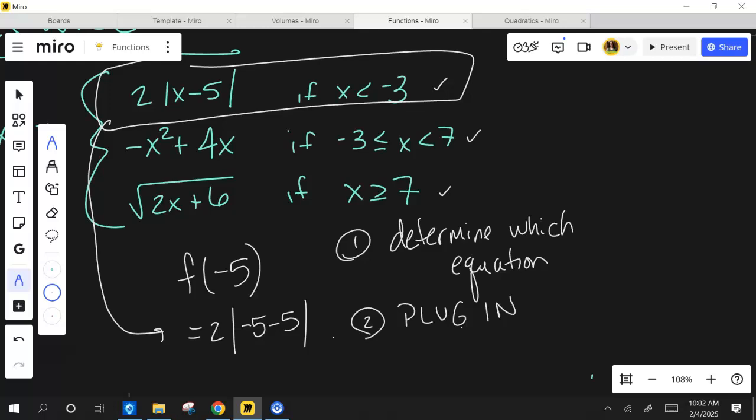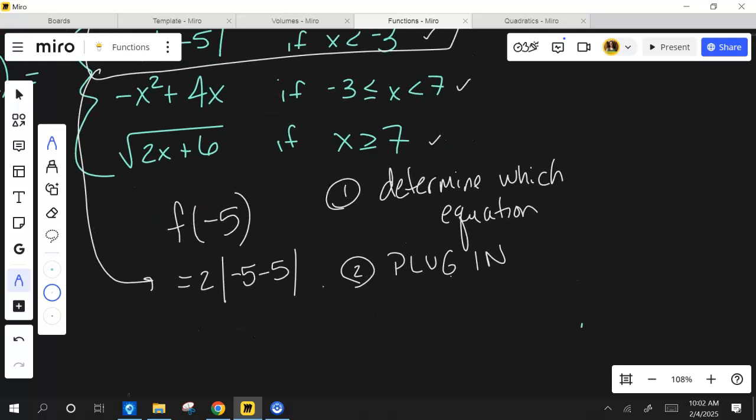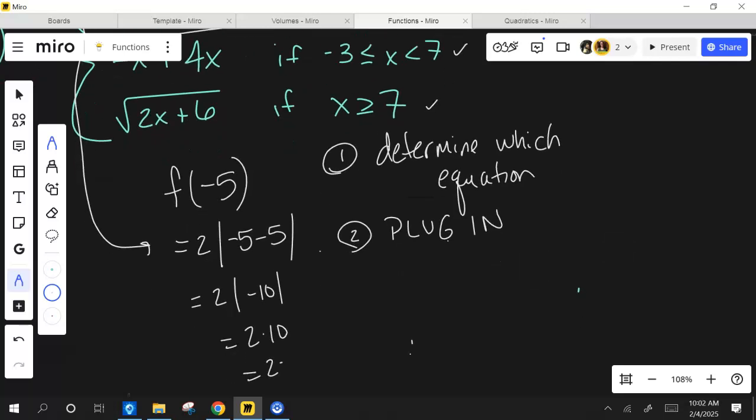All right, watch. So what is -5 minus 5? -10. Absolute values work like grouping symbols in that you do them first. What is the absolute value of -10? 10. What is 2 times 10? 20. What is f of -5? 20.